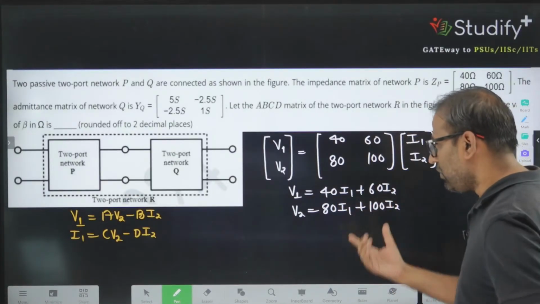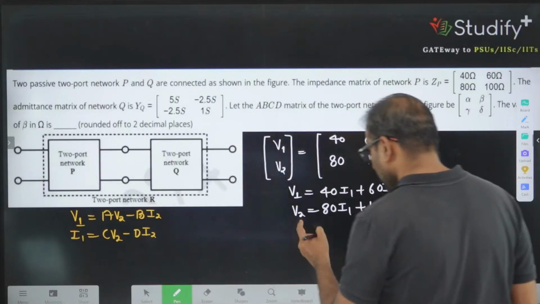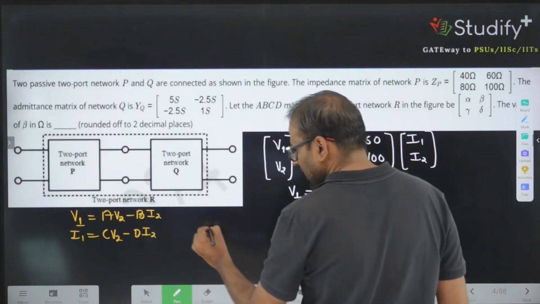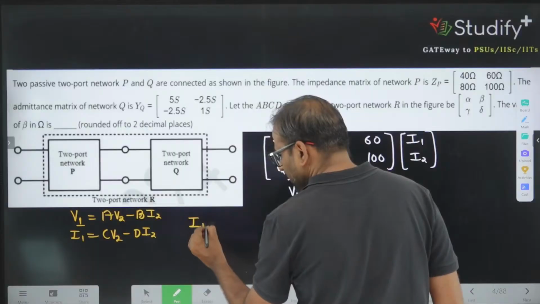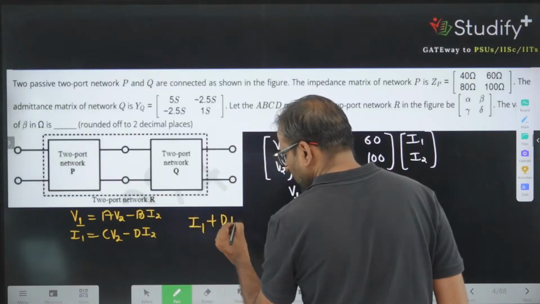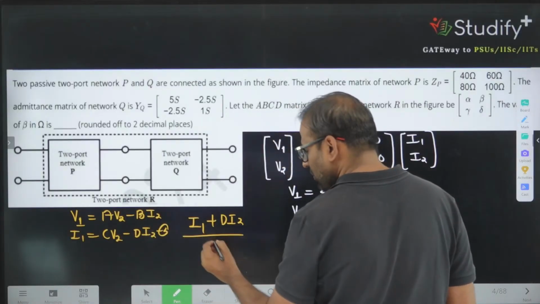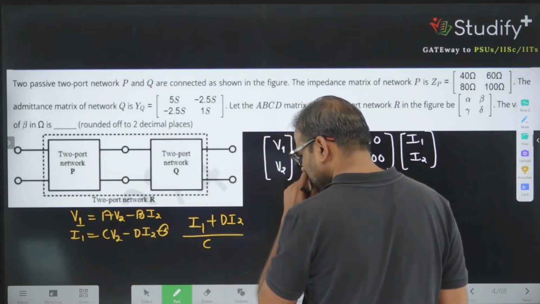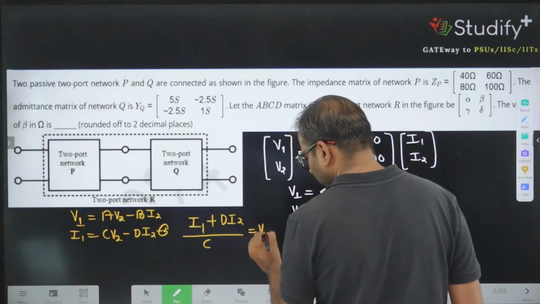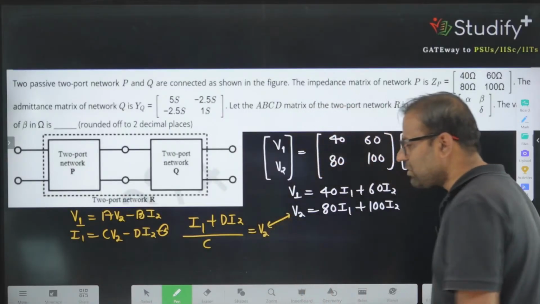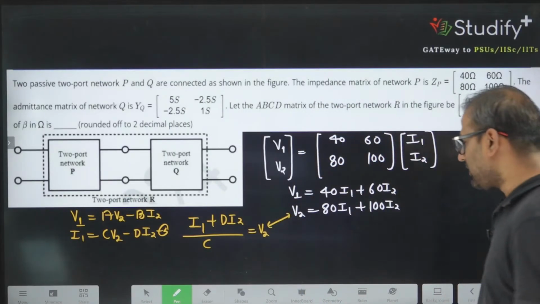Okay, we can compare these two equations. From the second equation we can write I1 plus D I2 divided by C is equivalent to V2. If both of these are the value of V2 for the same network, both values must be the same.